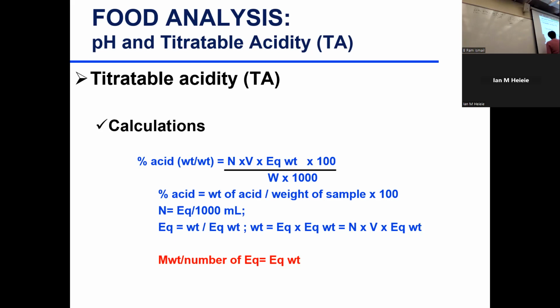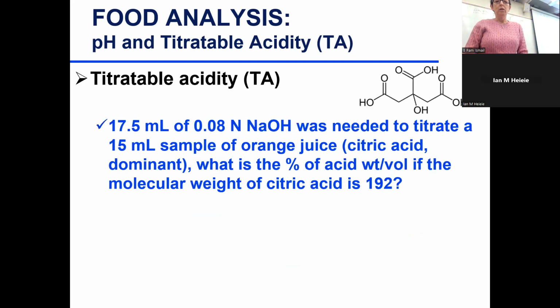So one thing you want to remember here is the equivalent weight, because we can be working with more than one hydrogen in the equation. When you are titrating, we would be having multiple hydrogens taking part in the neutralization step. So with that in mind, here I give you the molecular weight, and then I tell you, or I draw, so you see 3 carboxyl groups.